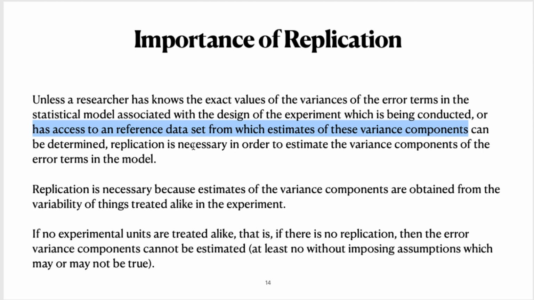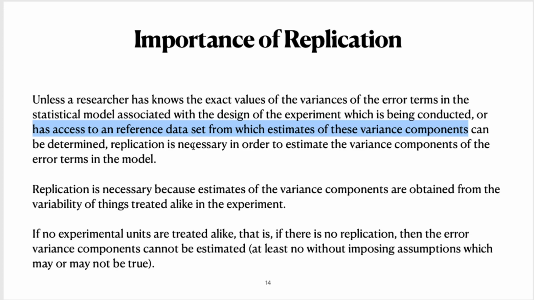In that kind of situation, they may be able to use that data to come up with a fairly reliable and trustworthy estimate of the variance components for a particular situation. But even then, one could argue, well, maybe you've got data from the last 10 years, or the last 20 years. But does it really apply to the situation right now?